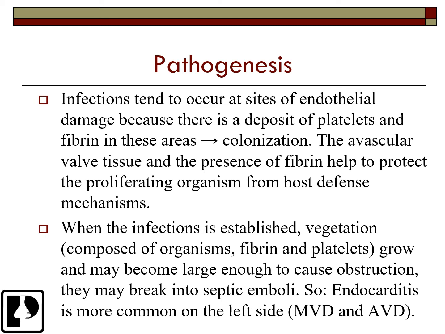It is composed of organisms, fibrin and platelets, and grows and may become large enough to cause obstruction, and they may break into septic emboli. So endocarditis is more common in the left side, mitral valve disease and aortic valve disease. Why? Because the pressure in the left side is much higher than the pressure in the right side. So it can take the bacteria and attach them to the valve, making what's called vegetation, and the vegetation spreads to other sites.